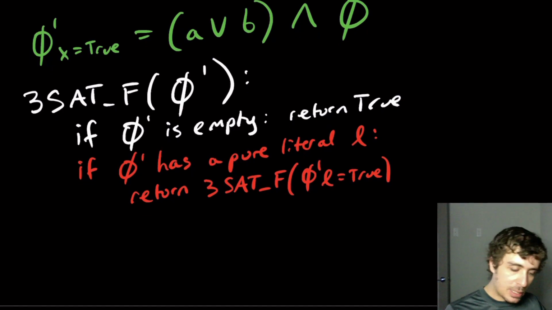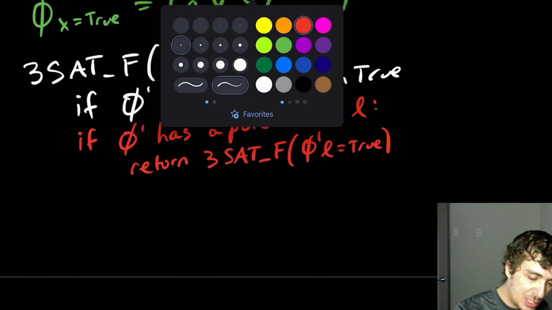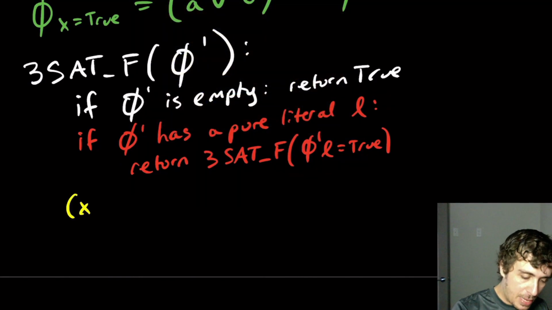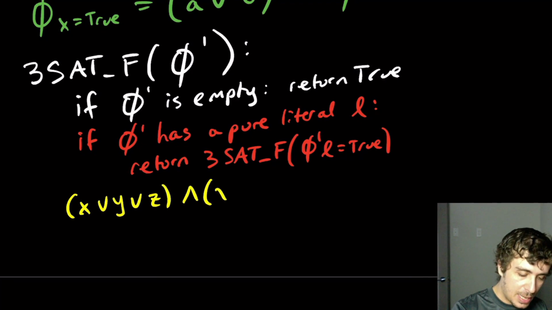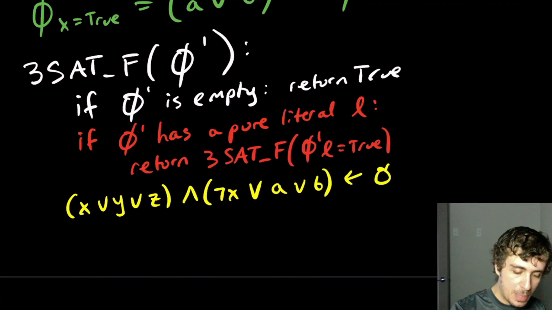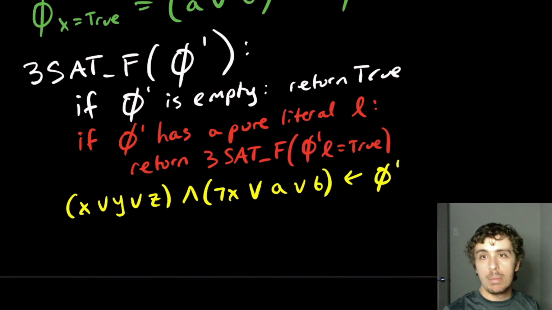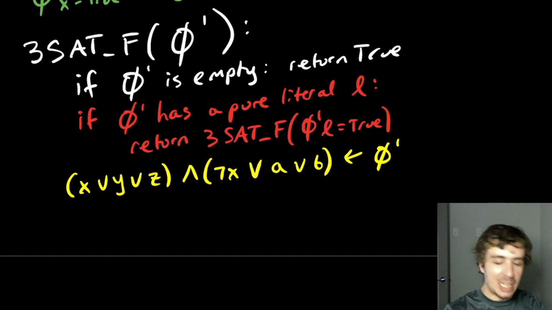Okay, so now let's try to extract those two clauses out. So we have x or y or z, and the negated version of x or A or B, and that's going to be the formula phi prime. We might as well assume that it has at least two clauses, because if it has one clause, you can think about it as already satisfiable.